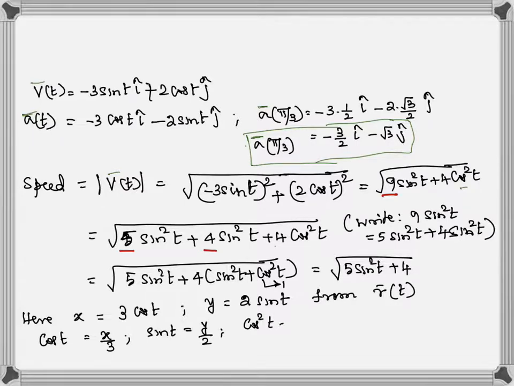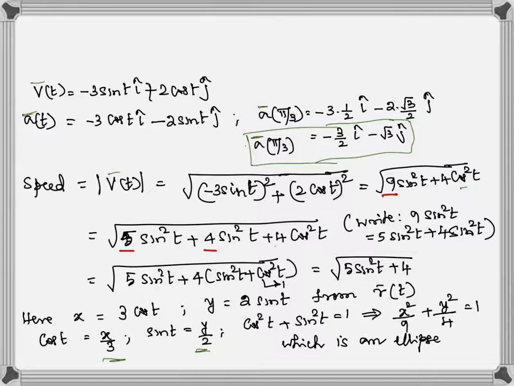As sine square t plus cosine square t equals 1, if you square these and add, we get the path of the particle, which turns out to be x square over 9 plus y square over 4 equals 1, which is an ellipse.